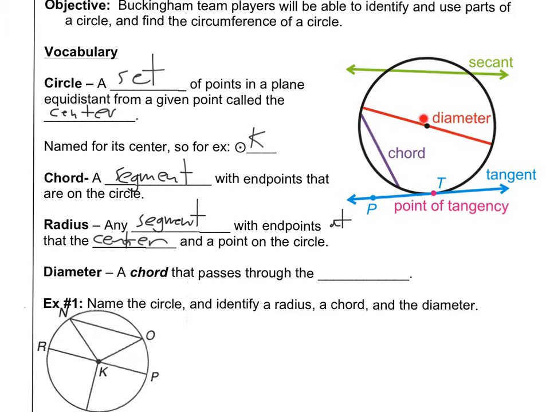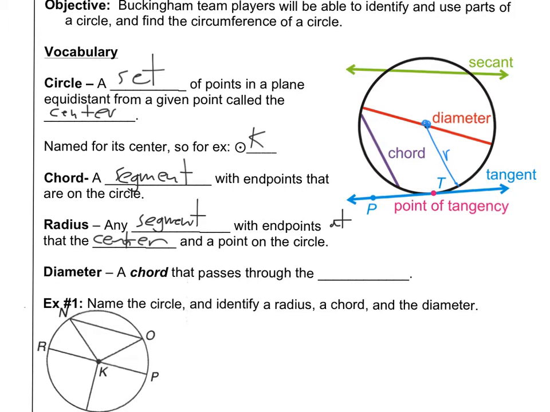So a radius just goes from the center to the edge of the circle. So let's draw one in here real quick. That's a radius because it just goes from the center to the edge of the circle.